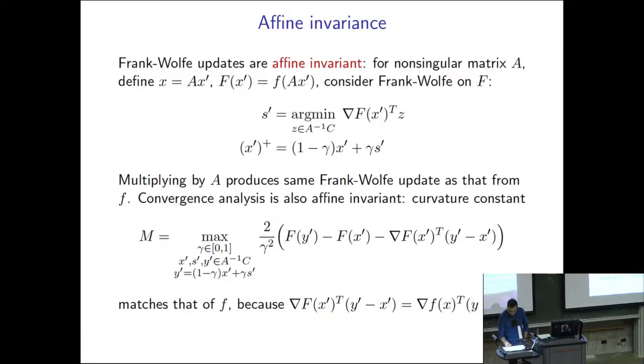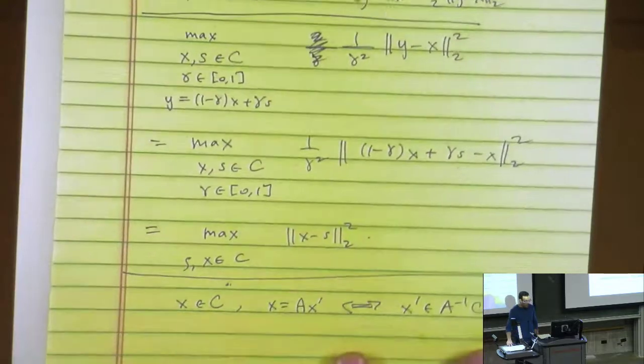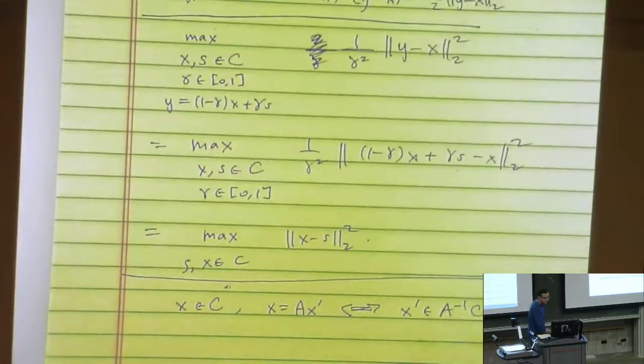That's the same thing as saying that x prime is in A inverse C. This just means multiply A inverse by all the elements of C. Okay, so that's why that's the constraint set here, because this is my constraint set in the transformed space.